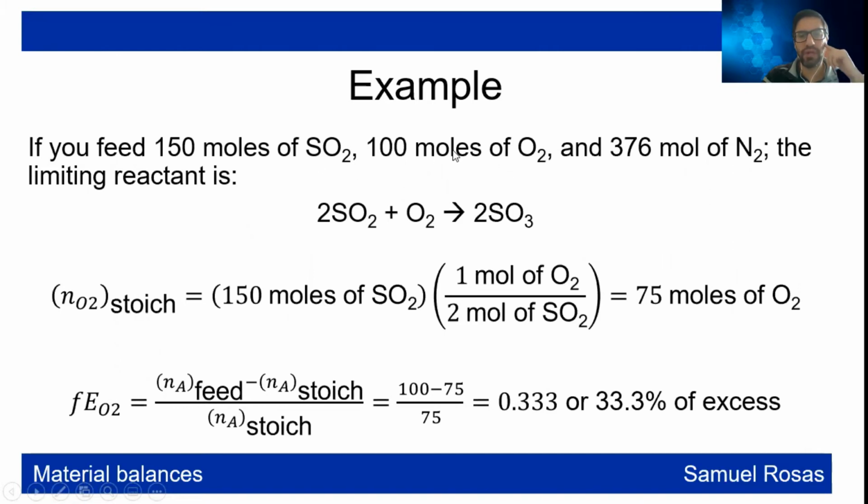Remember that the limiting reactant was SO2. So if you have 150 moles of SO2 and you need 1 mole of oxygen per 2 moles of SO2, you actually need only 75 moles of oxygen, but you fed 100. So you fed 100, you needed 75, and over the 75 that you needed this yields a fractional excess of 0.333, or 33.3% excess.